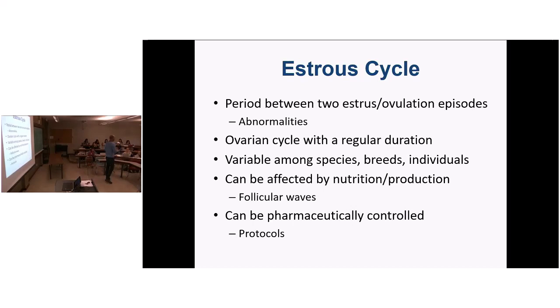So one of the things that, with time, people started to use GnRH for was to induce ovulation. You can inject an analog of GnRH in an animal, and very consistently, if you are in the right stage of the estrous cycle, you can induce ovulation.